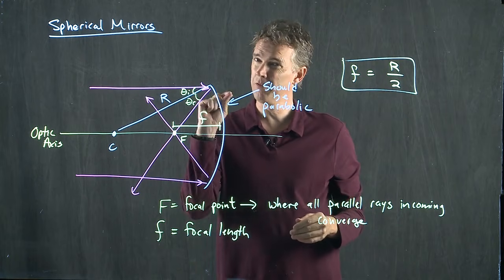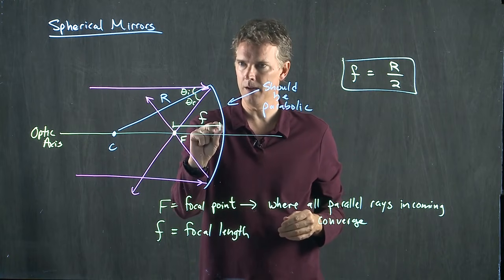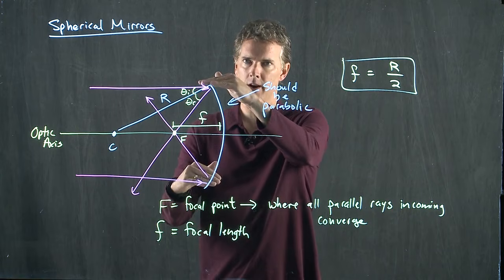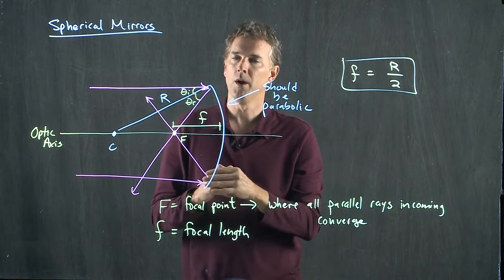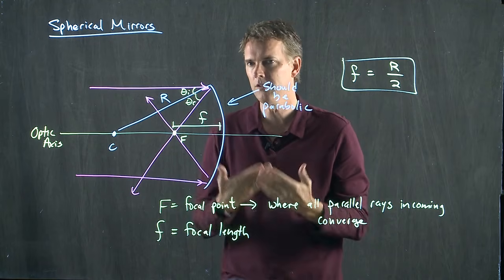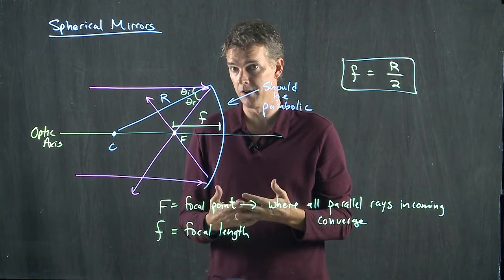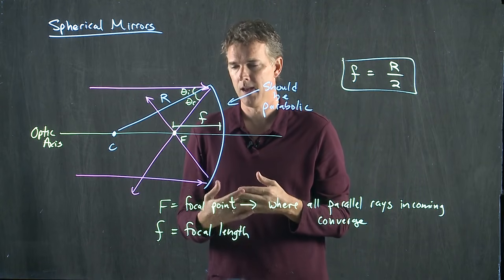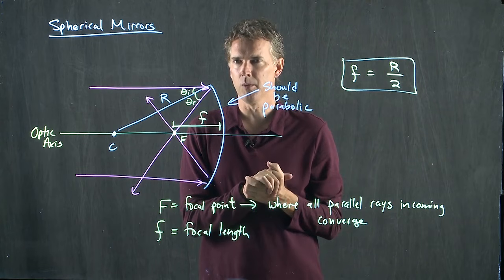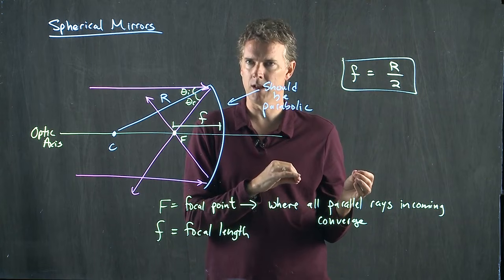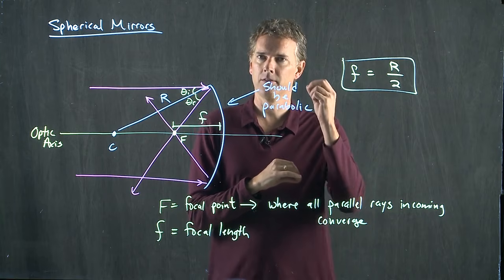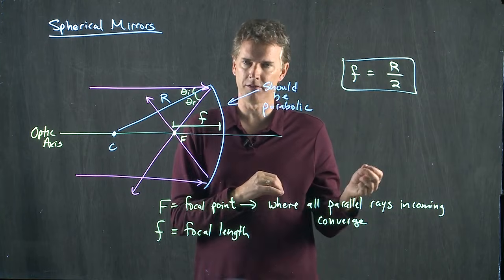Because a sphere is pretty close to a parabola until you get very far out to the edge. And when you get out far to the edge, then you suffer from something called spherical aberration. And in fact, you're all familiar with this idea of spherical aberration because that's what plagued the Hubble telescope initially.